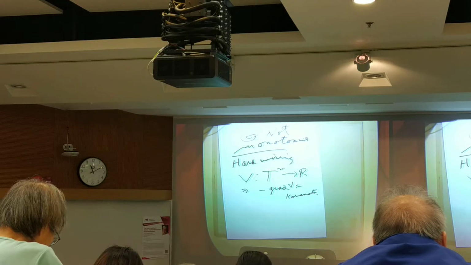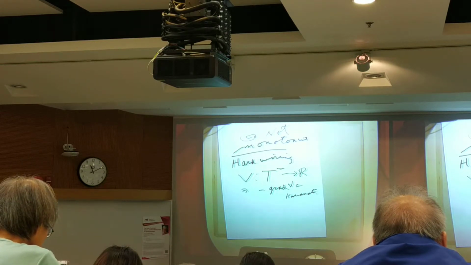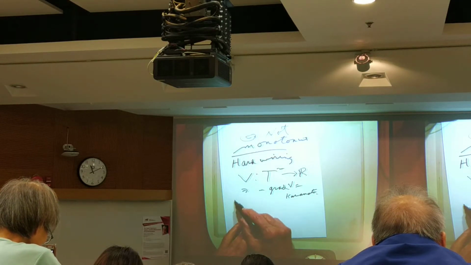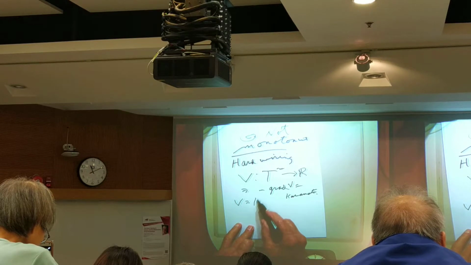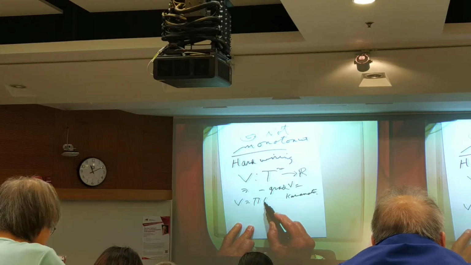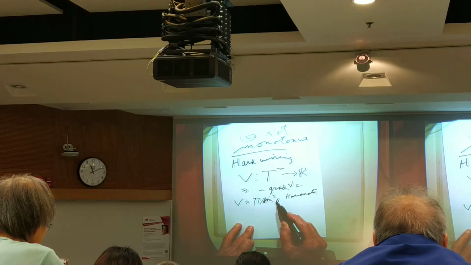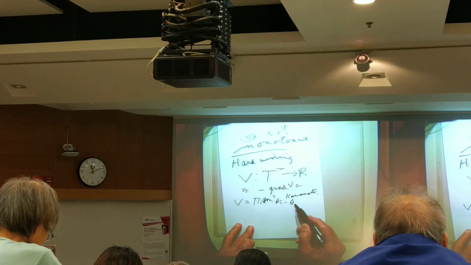And now I want to describe this dynamics. It's pretty obvious what we should choose for V. V is simply the sum of the sine squared of the differences, theta i minus theta j.